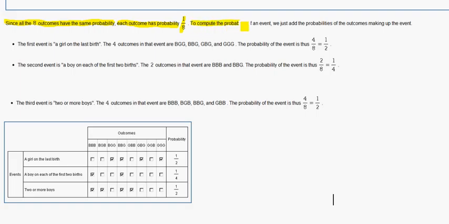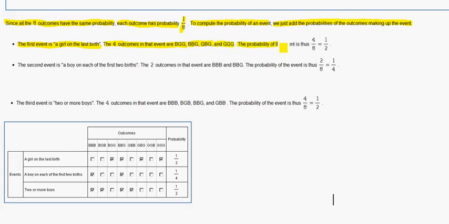To compute the probability of an event, we just add the probabilities of the outcomes making up the event. So the first event is girl on the last birth. The 4 outcomes in that event are BGG, BBG, GBG, and GGG.